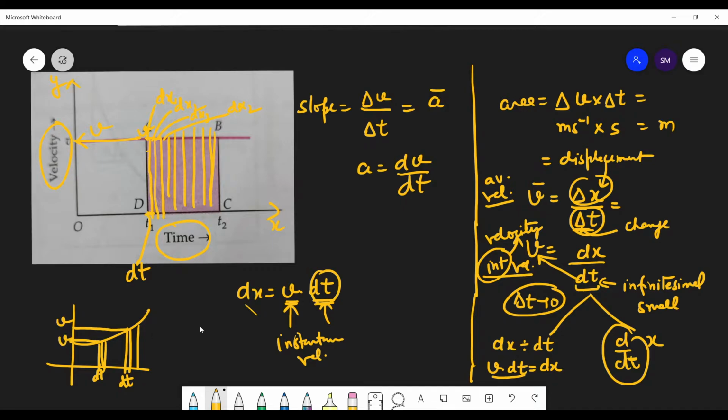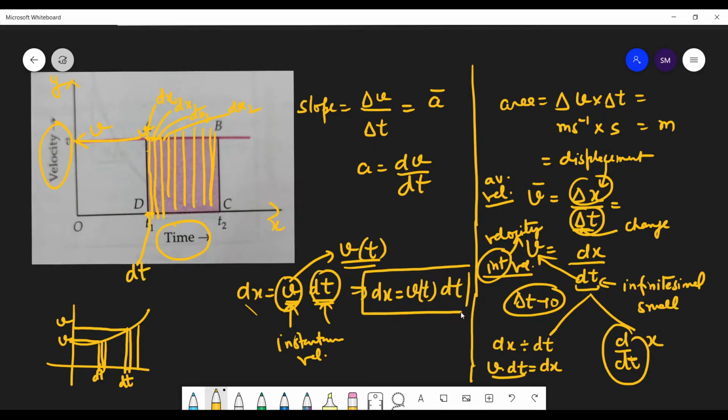This velocity is changing here, so you will find this velocity is a function of t. This v, if you want to write it, should be written as v(t) into dt. This is the actual formula.